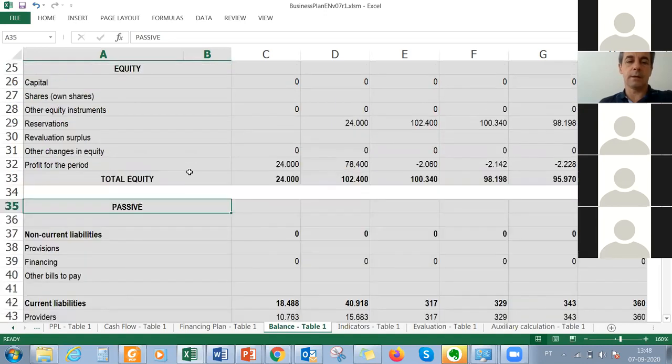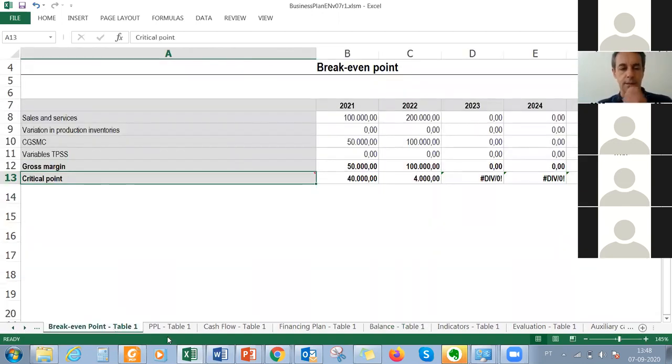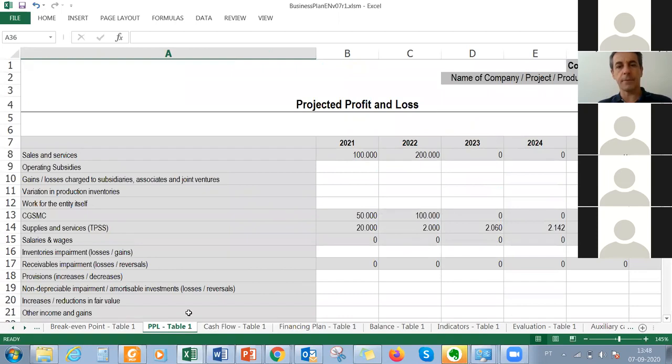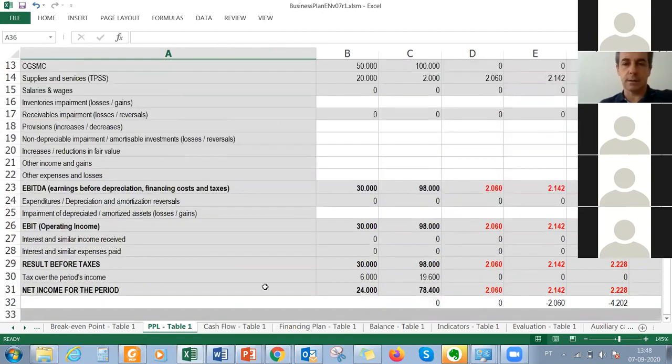So the balance sheet is also a strong document that we are used to seeing in financial reporting. But maybe what is more important for us is actually the P&L, this profit and loss that is being projected. This is probably the more interesting sheet.